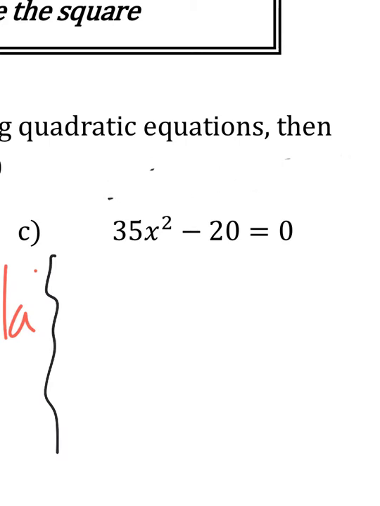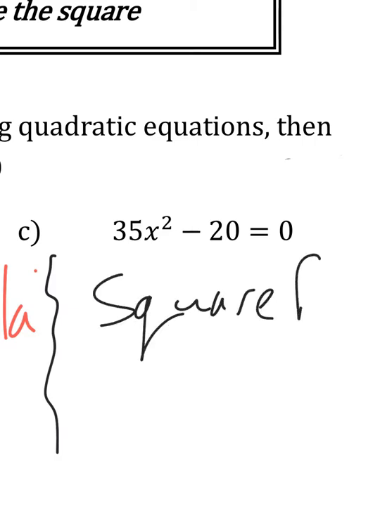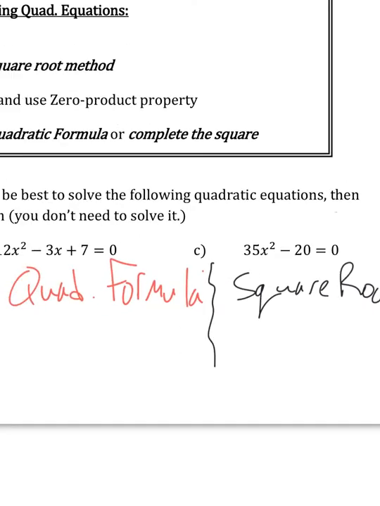What method would be really easy? Square root method. Why? b is equal to 0. Just add the 20, divide by 35, square root, and we're pretty much done. So if there's no b term, you definitely want a square root.